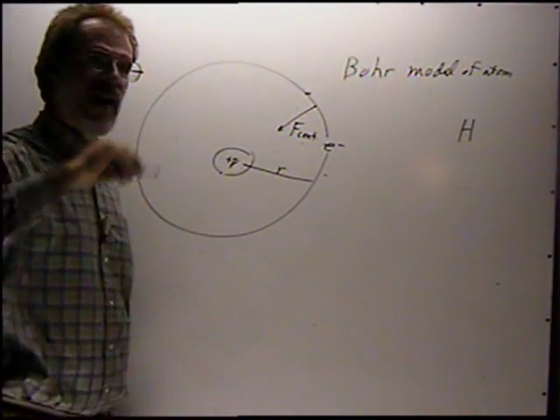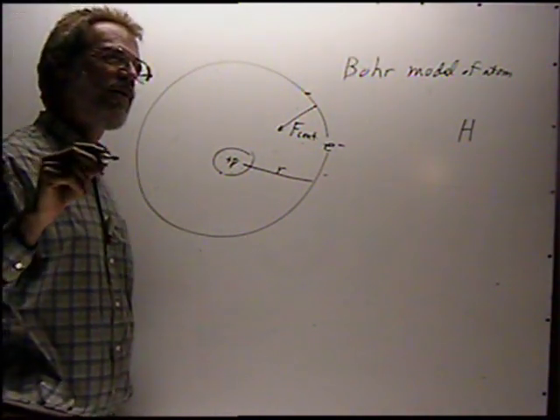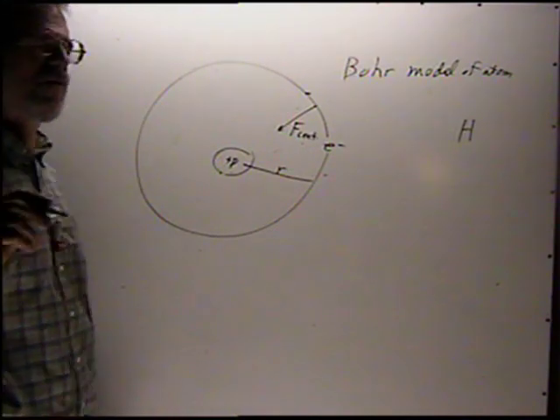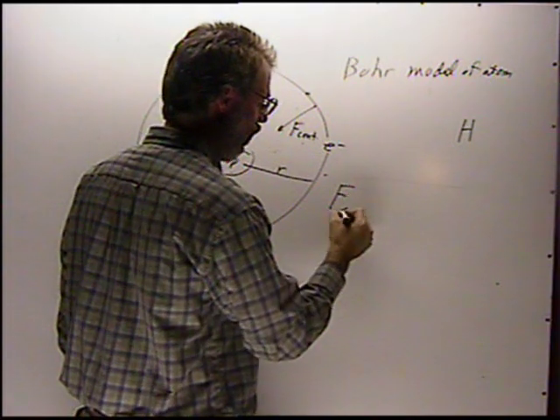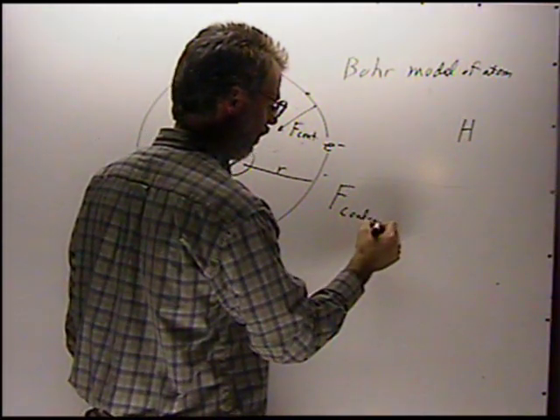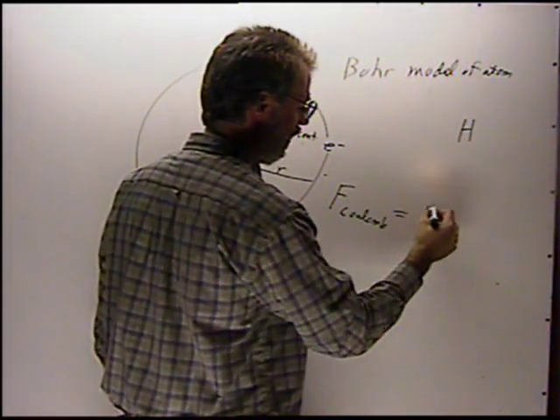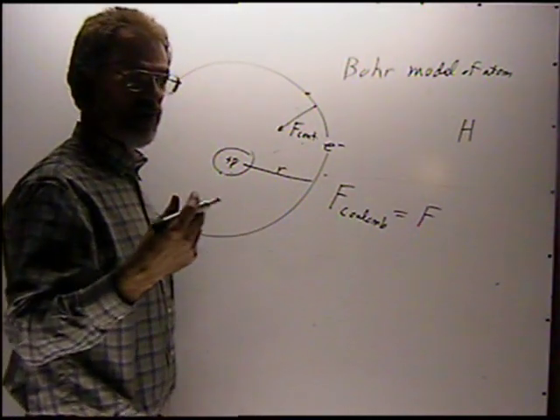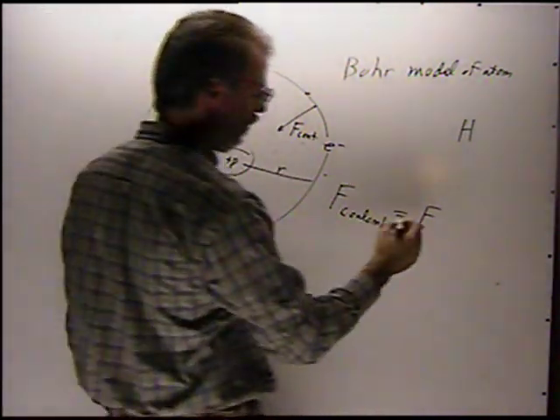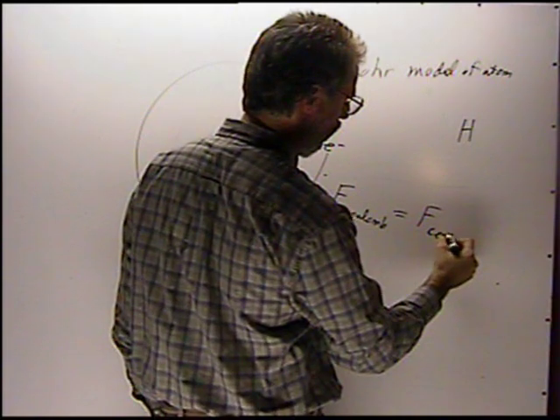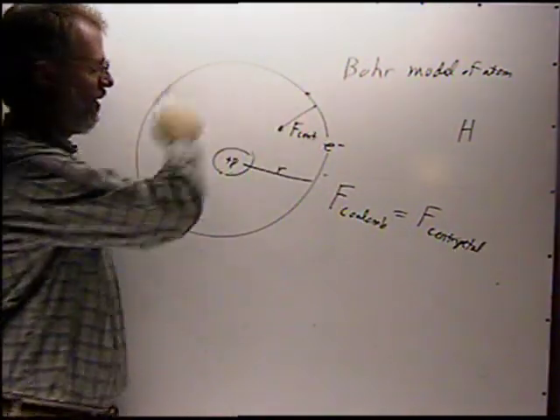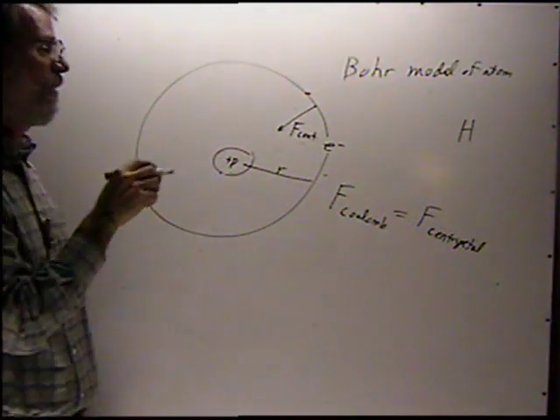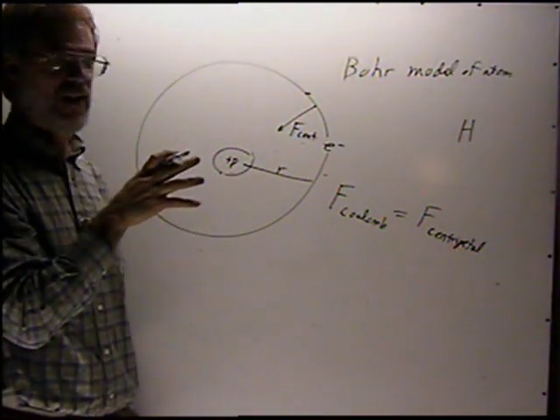We think back to chapter 7, where we talked about centripetal force. Basically, the Coulomb force supplies the centripetal force necessary to keep the electron moving in orbit. Again, this is the Bohr model of the atom.